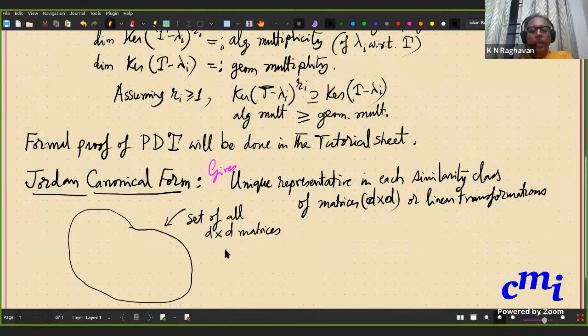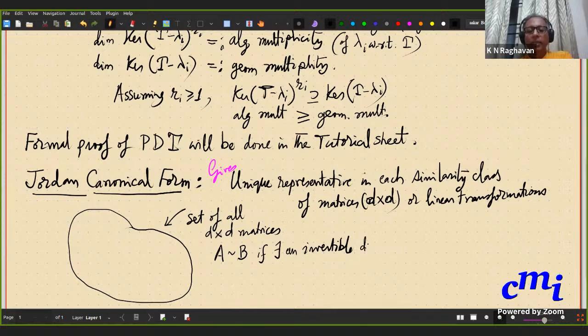Okay. And I put the equivalence relation. Suppose A is a matrix in here, d cross d, and B is another matrix. I say A is equivalent to B if there exists an invertible d cross d matrix g, such that, I call it small g because it's an invertible matrix.